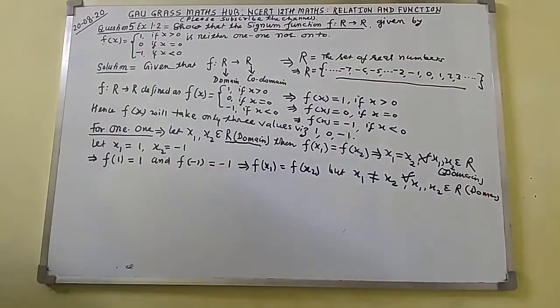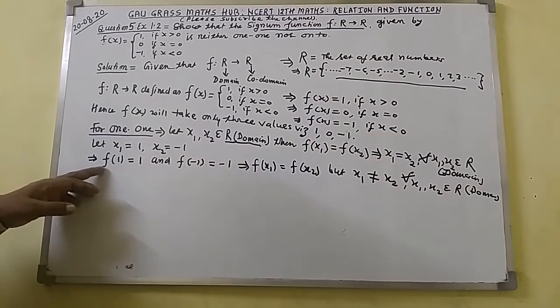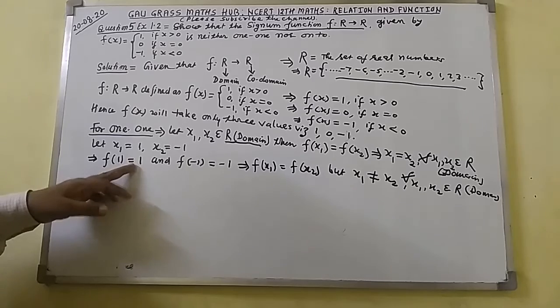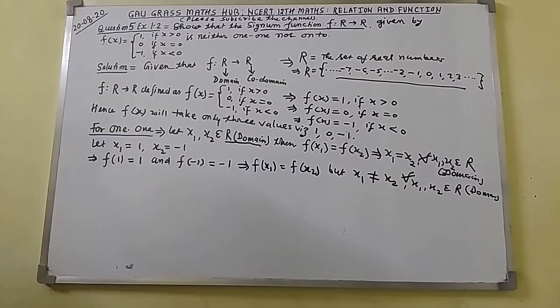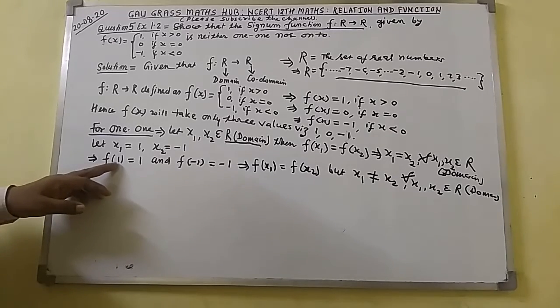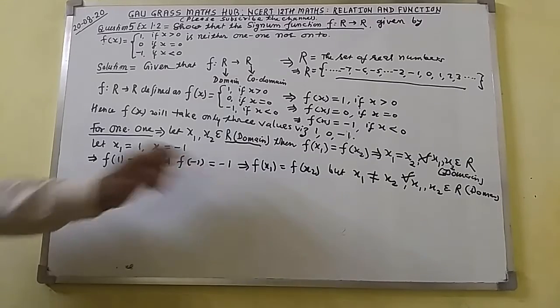So here you have got image of 1 is 1, image of -1 is -1. So here you can see image of 1 is 1, image of -1 is -1.